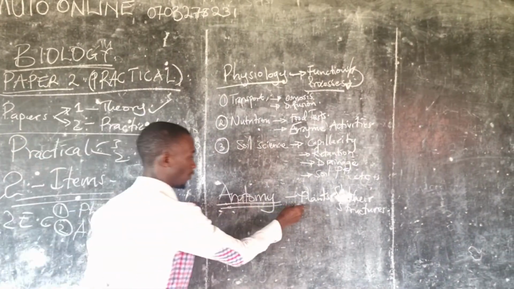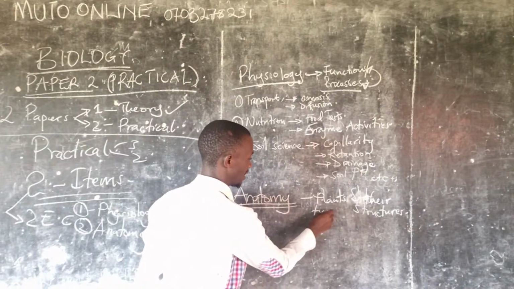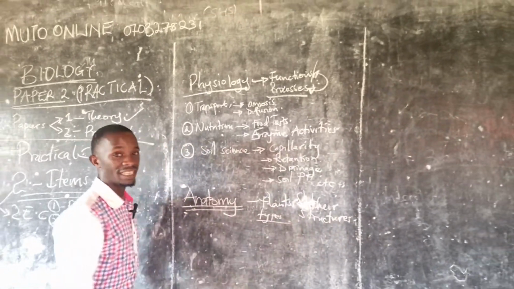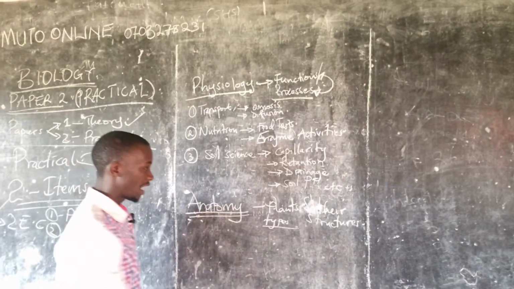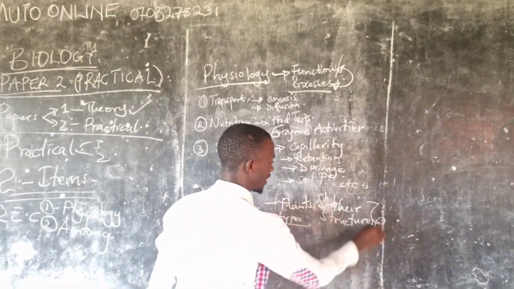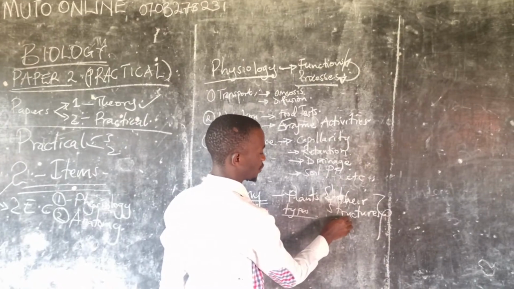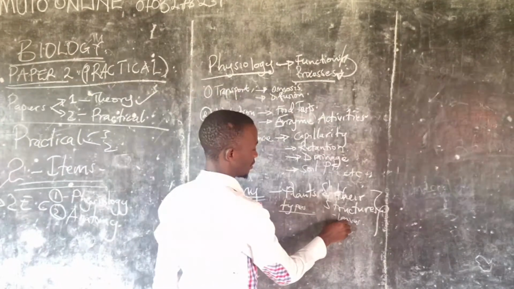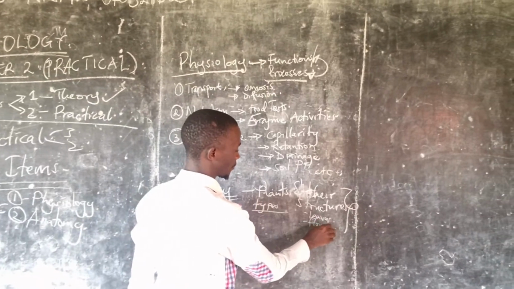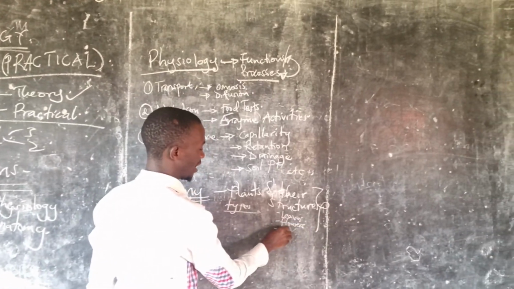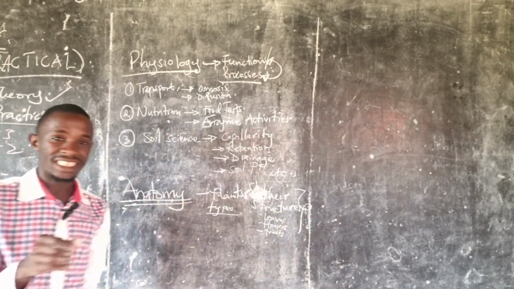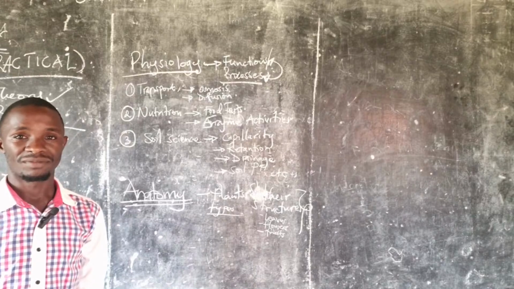So we know the types of flowering plants, where we have the monocotyledonous and the dicotyledonous plants. We shall have a look at the different structures of plants, like the leaves in details, the flowers in details, the fruits in details, but in a competence-based way.